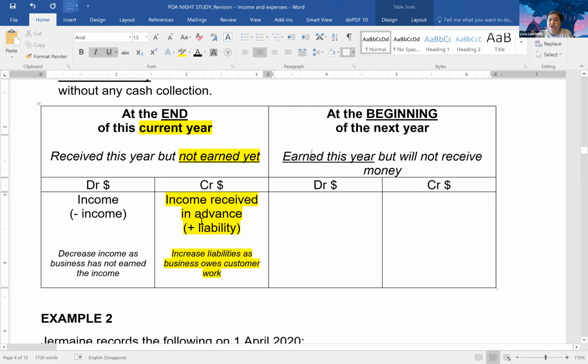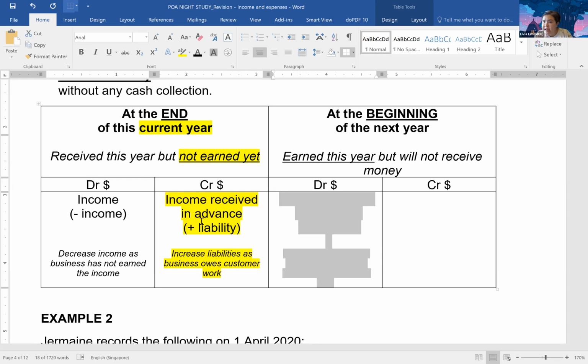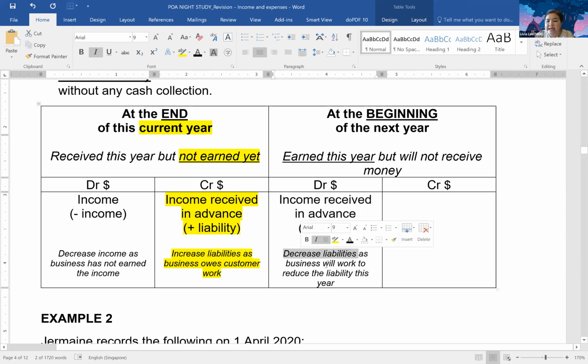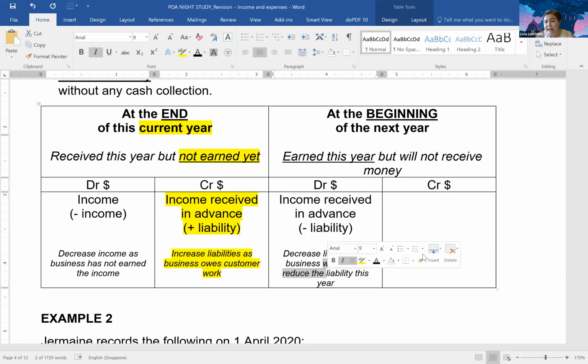The thing is, you are going to earn the money this year. All right, you are going to earn the money this year, so you will not have this liability to your boss anymore. This is the double entry that you will prepare. You will record, I need to minus away my liability because I don't owe my boss this money anymore. I need to decrease the liability because I will work to reduce this liability this year, right?